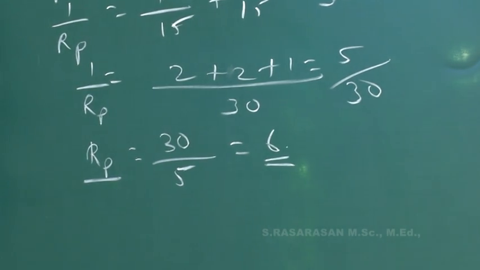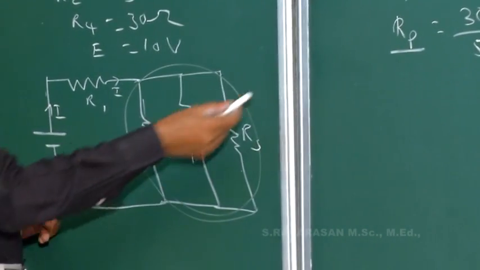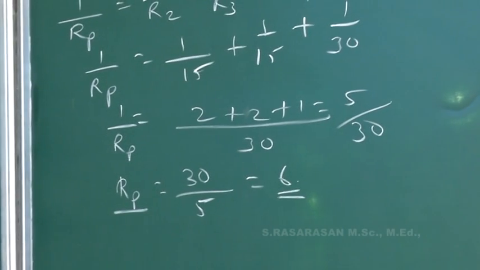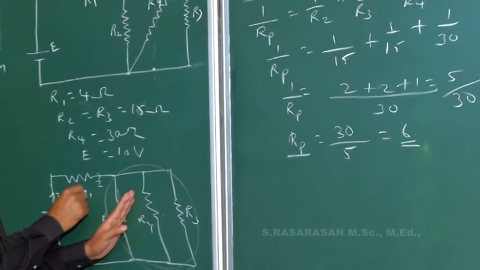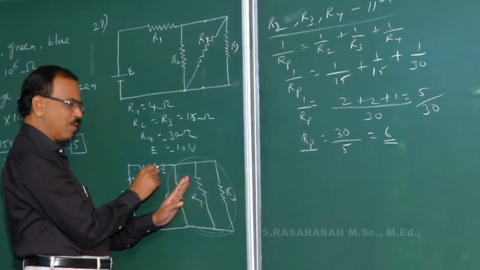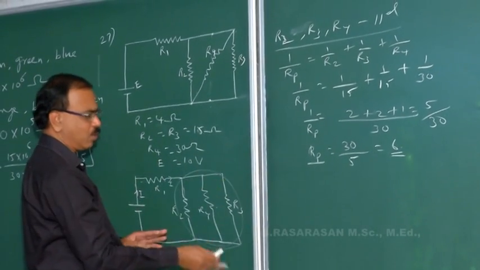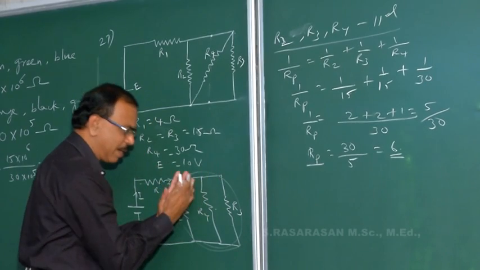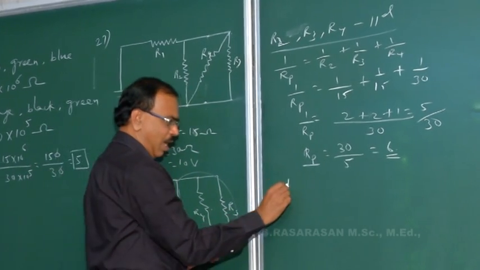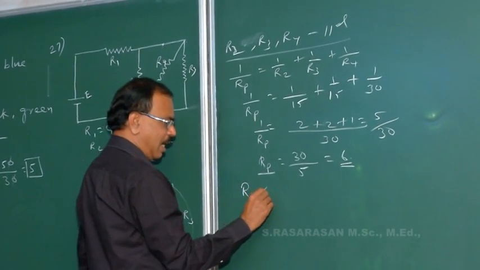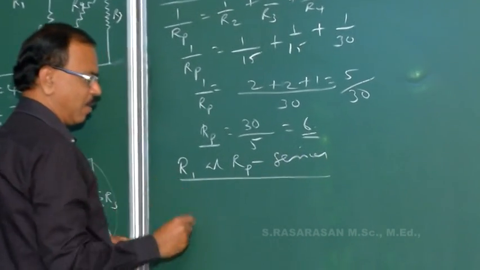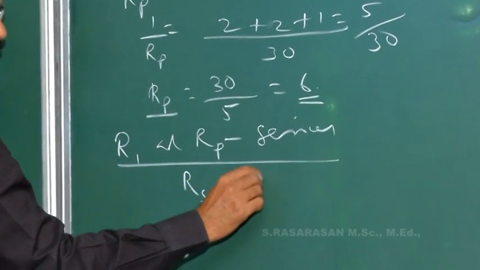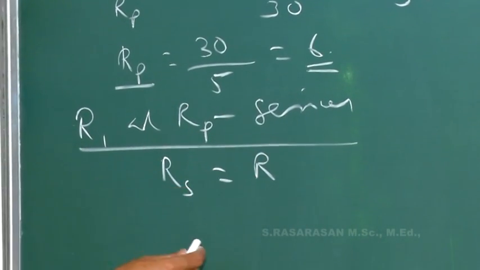So what is the combination of these three resistances? It is 6 ohm. Now this combination is in series with R1. Reason, the current flowing through this R1 is the same as the current flowing through this Rp, all three combined. Therefore, R1 and Rp are in series combination. The formula for series combination is R1 plus R2 plus R3 plus R4.